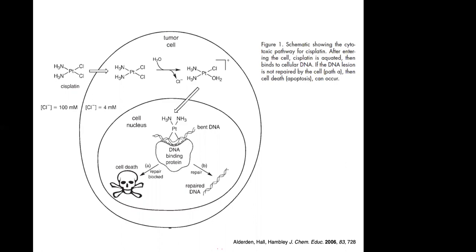So when you inject cisplatin outside of the cell, you have a high chloride concentration, and it's relatively stable as this dichloride cisplatin species. It can interact with certain proteins that come along, and that's part of the side effects.